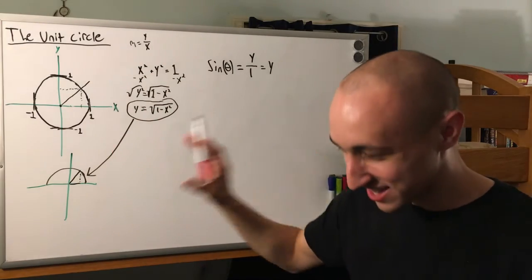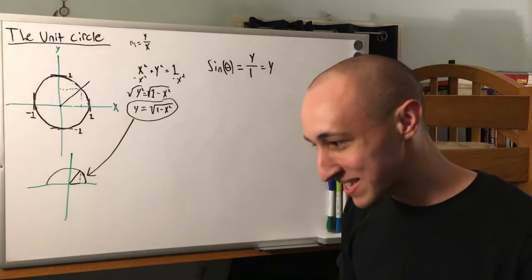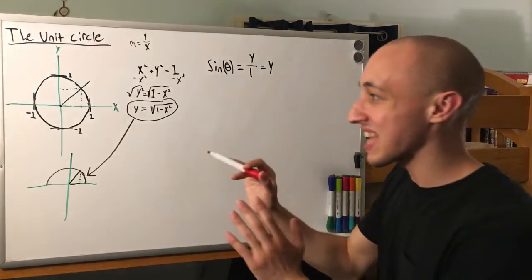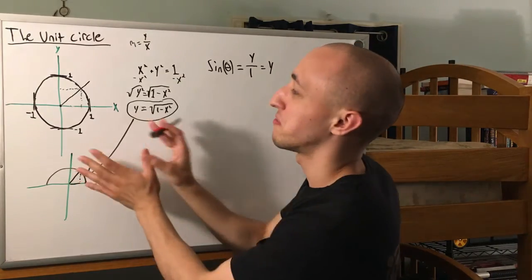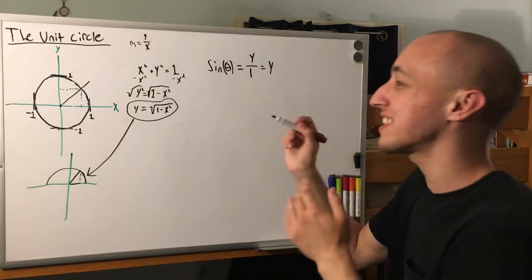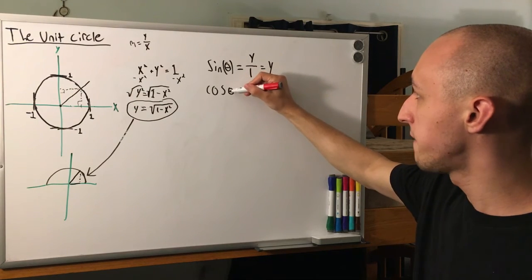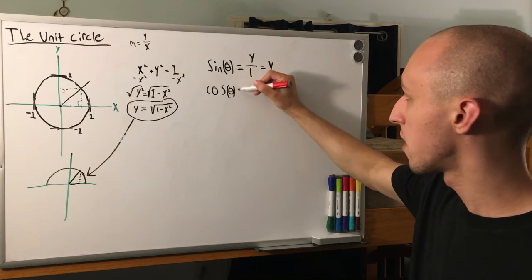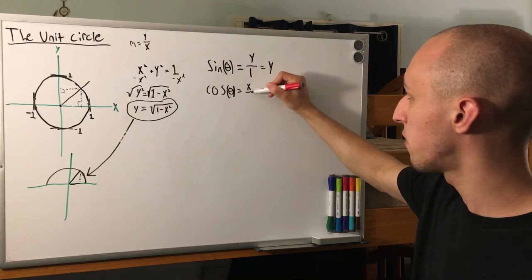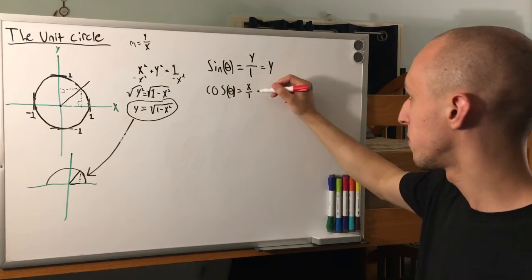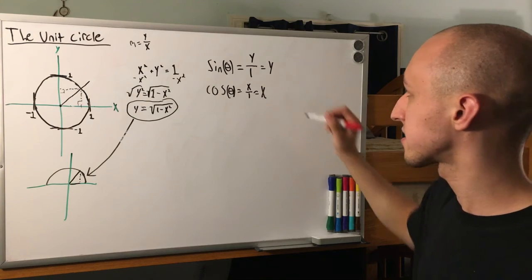Heavily integrated into this, I know, but I want to stay in the realm of the unit circle, right? So the opposite, no, it's the y. The cosine of theta, our angle, will give you x over 1, which just equals x.